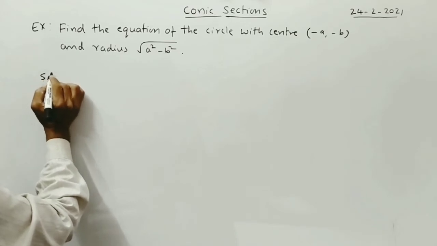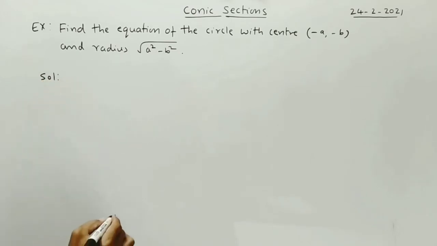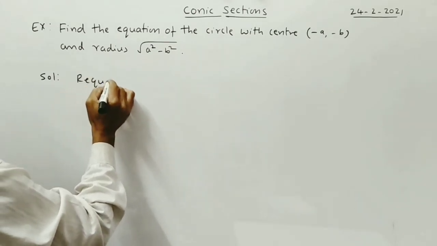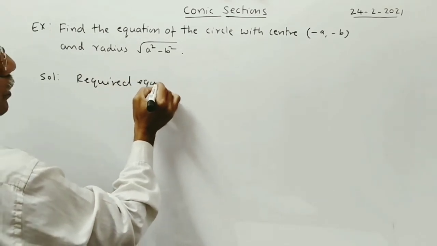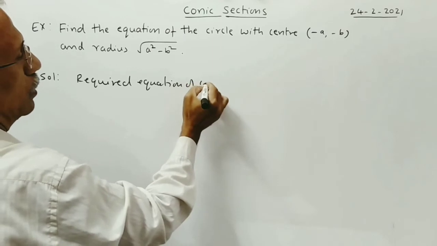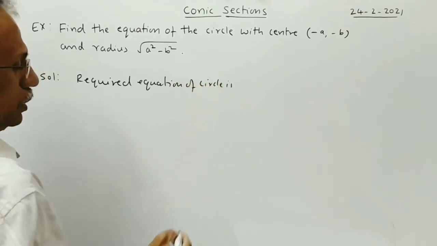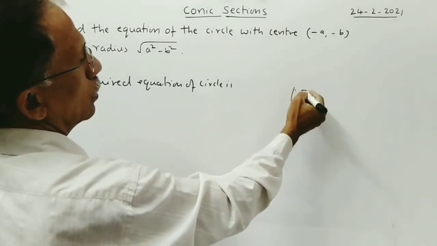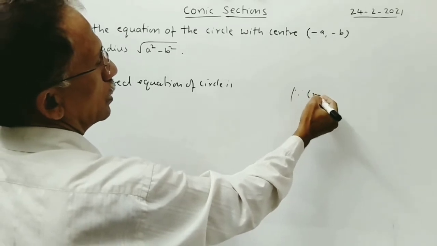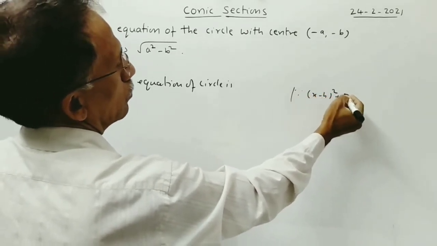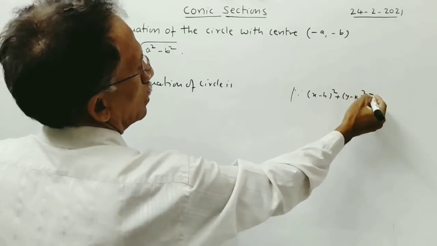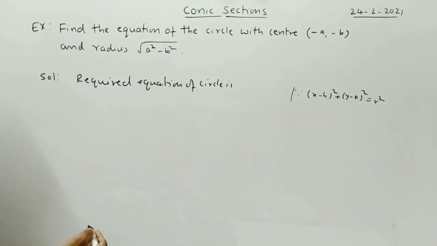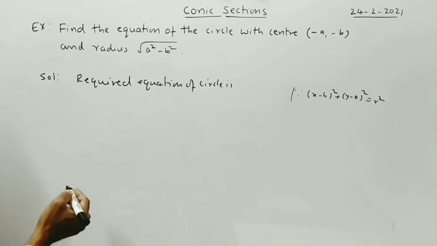Solution: required equation of circle is, as you know, equation of circle is x minus h whole square plus y minus k whole square is equal to r square, when h and k are the coordinates of center and r is the radius.